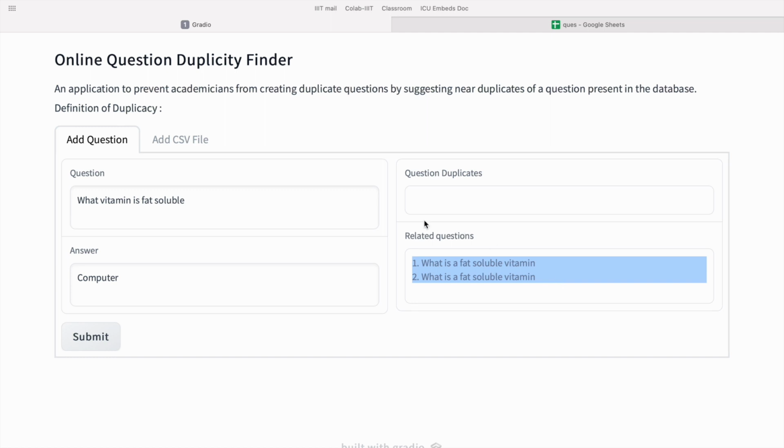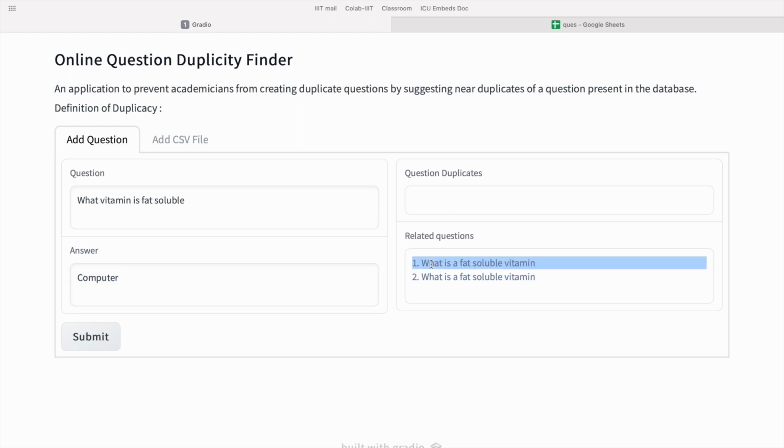Now the point of this is that, because an answer also plays a role in determining if two questions are duplicates or not, if two answers are not related at all, there is no point in definitely saying that two questions are duplicates. These two questions in the database have their answers, which, if my biology is correct, is vitamin A. It compared the answers of these questions with computer, found no relation, and hence moved these questions from duplicates to related questions.